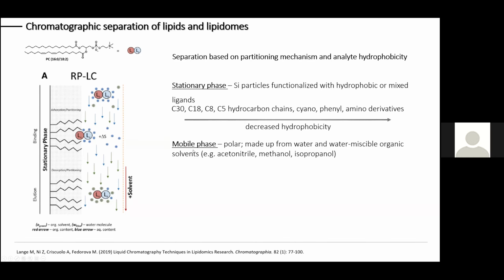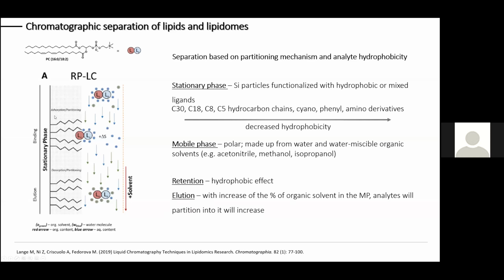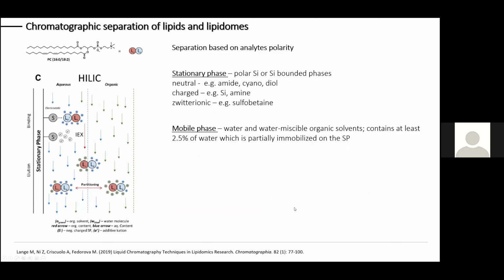Then we have mobile phases which are polar and made up of water and water-miscible organic solvents. So the lipid is retained on the column based on its nonpolar parts, the fatty acid chains, due to the hydrophobic effect, and we can elute it with increasing percent of organic solvent.